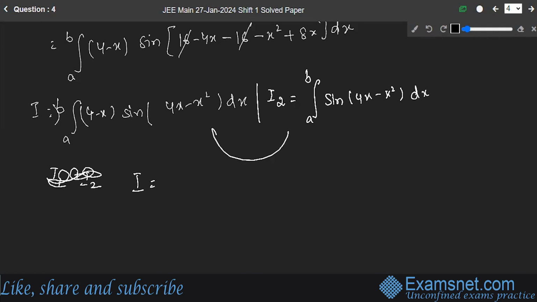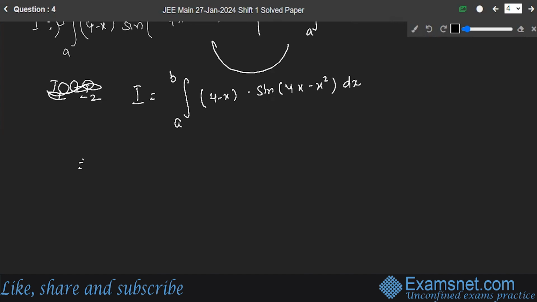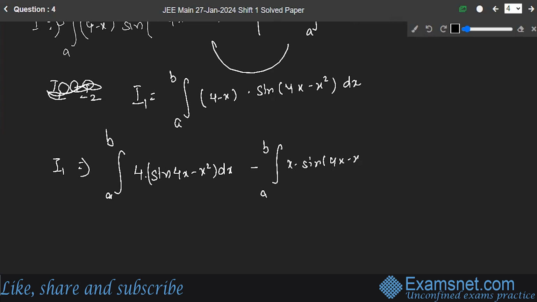So this is equal to the integration A to B of (4 minus x) into sine(4x minus x square) dx. I'll open up this one. So you have I1 is equal to the integration A to B of 4 sine(4x minus x square) dx minus the integration A to B of x sine(4x minus x square) dx.